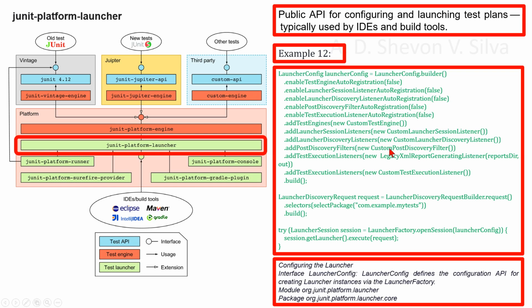Add post discovery filters: add all the supplied filters to the configuration, and add test execution listeners: add all the supplied test execution listeners to the configuration. And then build the LauncherConfig that has been configured via the builder.